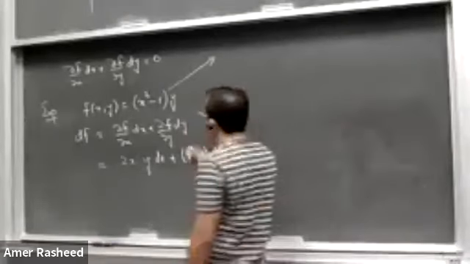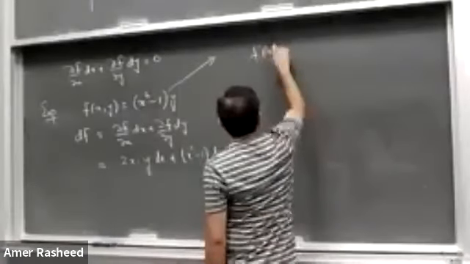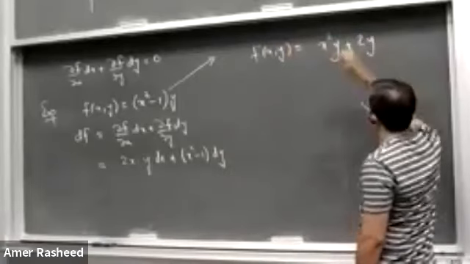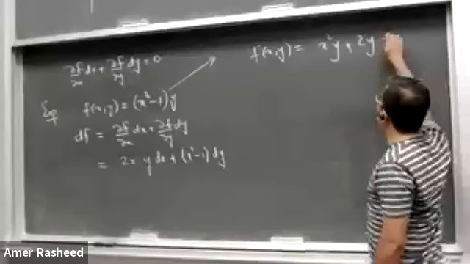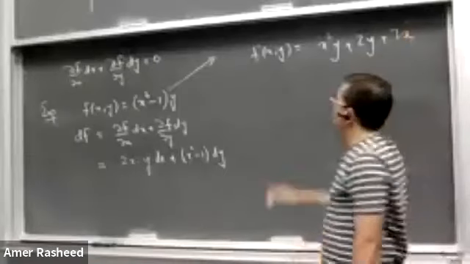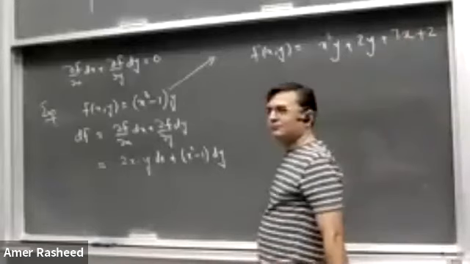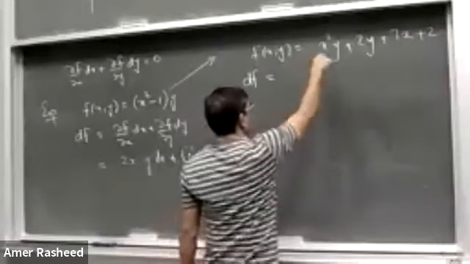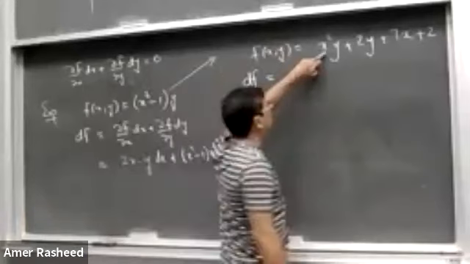If we had another example, f of x y equal to x squared y plus 2y plus 7x plus 2. Now, the differential df: we take the partial derivative with respect to x.